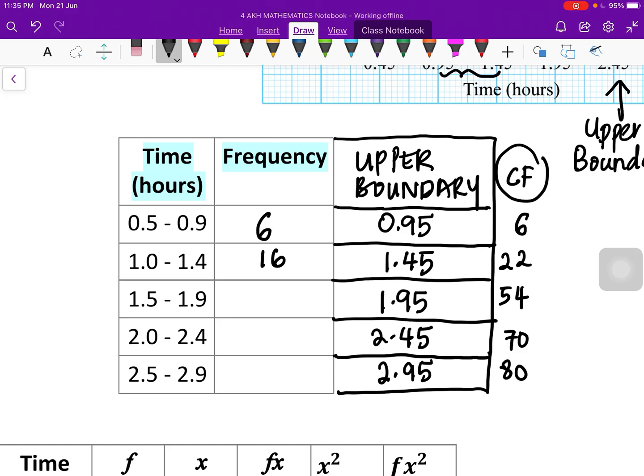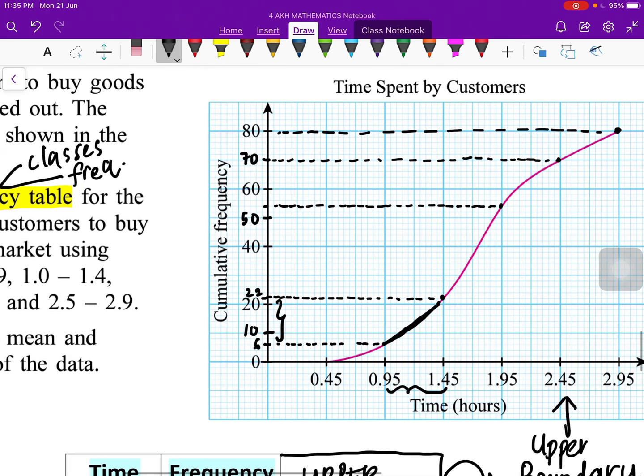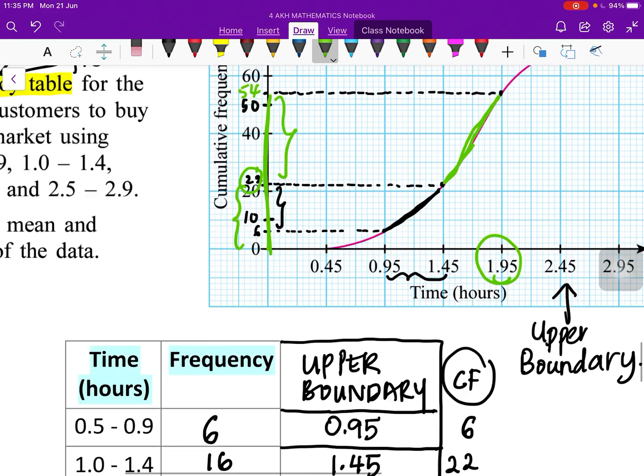Alright. And then 54. Okay, kita ada 54 untuk third class kita, which is 1.95. Jadi, apa yang teacher buat adalah, teacher ambil ni 54. Teacher akan minuskan dengan 22, sebab ni 54, teacher akan tolakkan dengan yang bawah ni, 22.